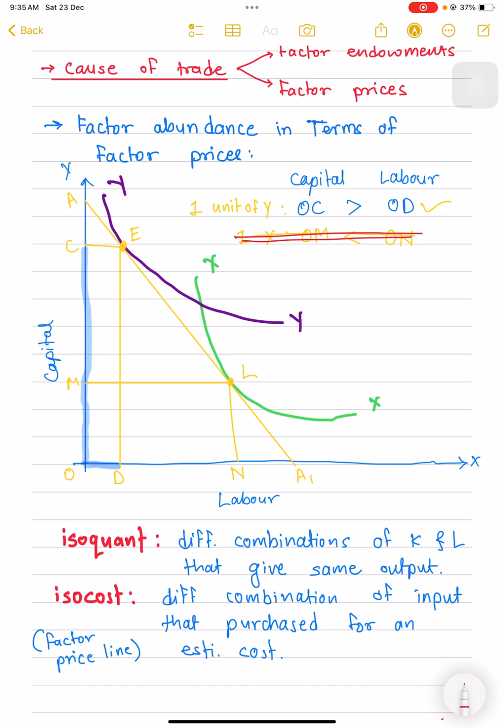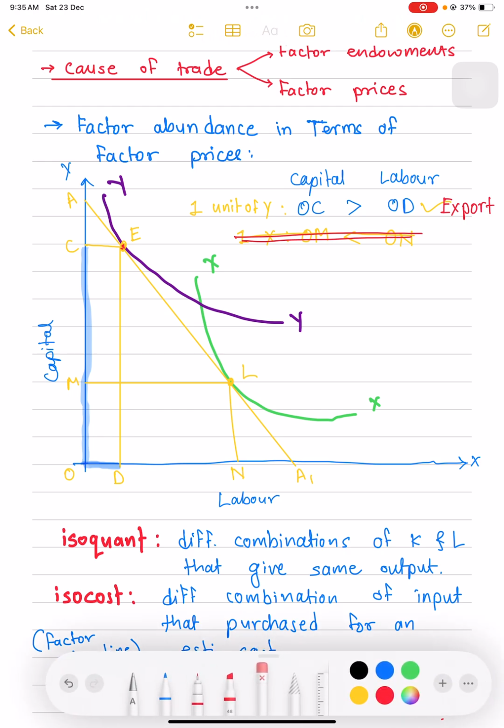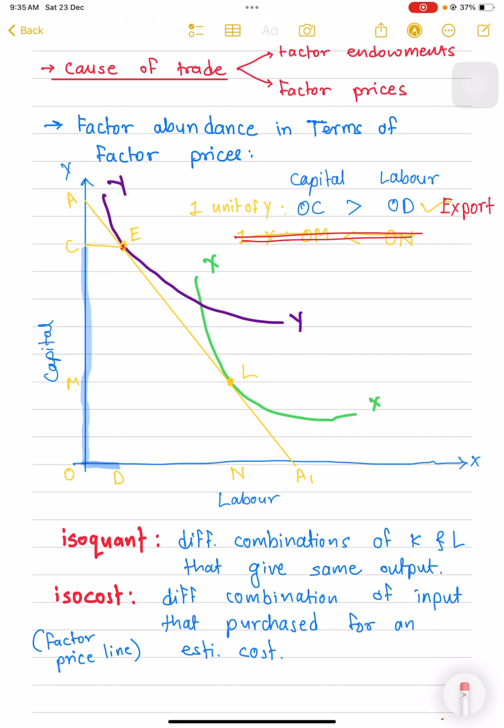Because country A is capital intensive, and specializing in that, they can produce the capital intensive good. They will produce at point E, and they will also export commodity Y. Okay, now we will look from the point of view of country B. I hope this is clear.